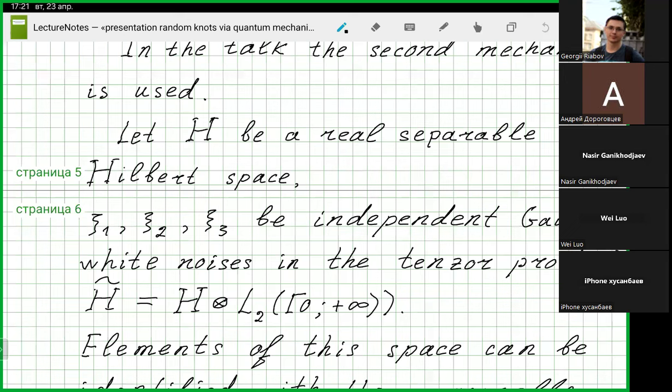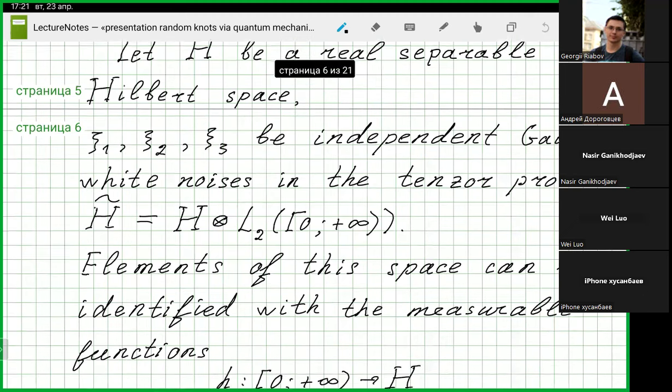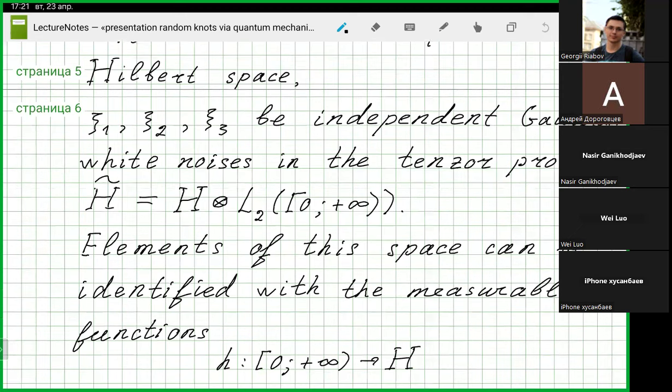And so let me propose a few examples of how one can organize such interaction with the random media.